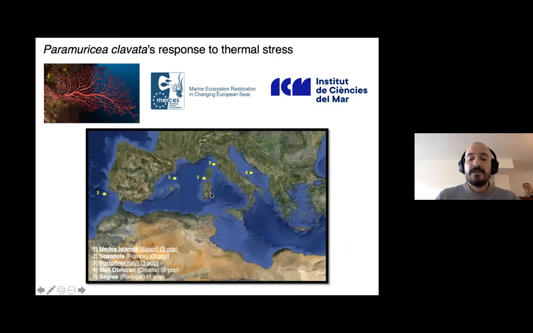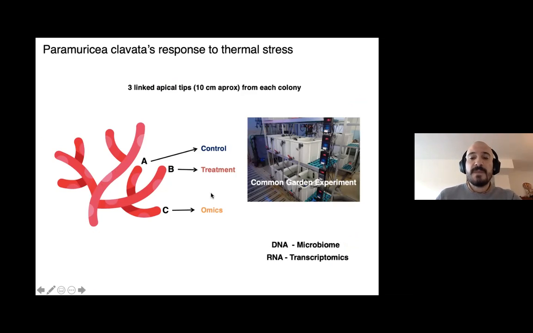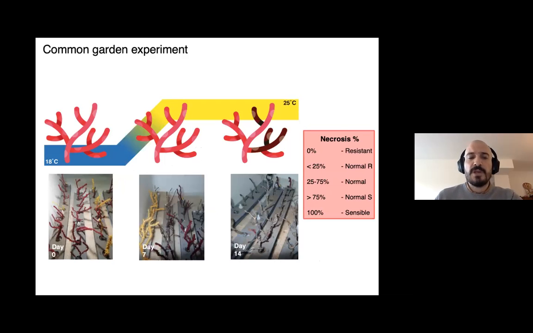Here you'll see 5 different populations. We kept them in the lab, and we had a control and a treatment population. The control population was at 18 degrees Celsius, which is our standard condition. And in the treatment populations, we increased from 18 to 25 Celsius.